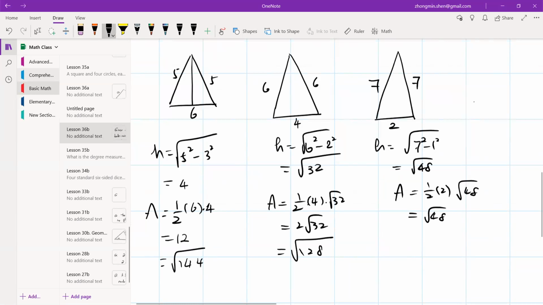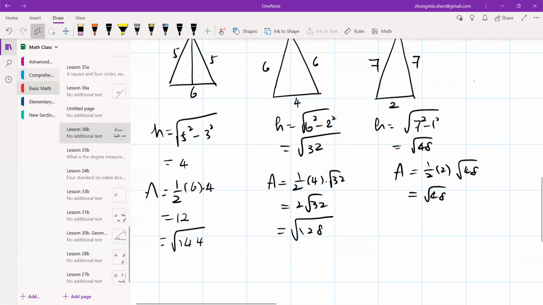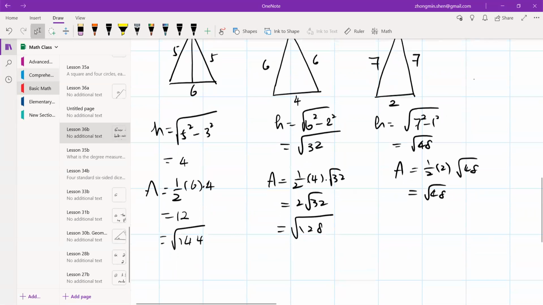Yes. Right. So my question here is, this is how we find the area of an isosceles triangle, okay?